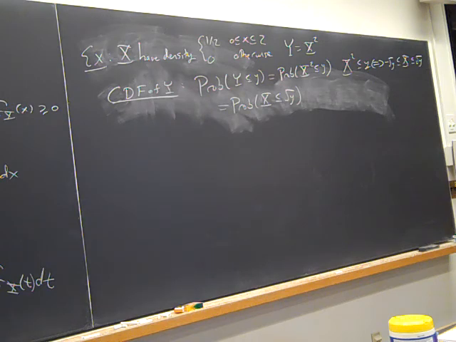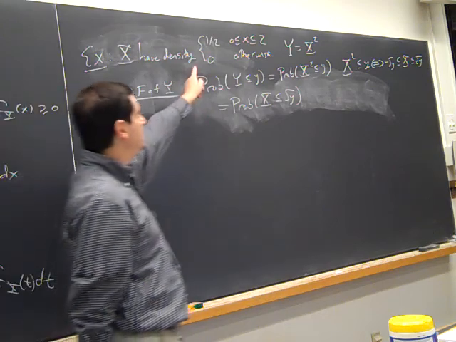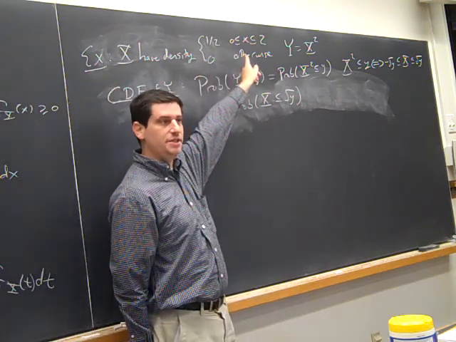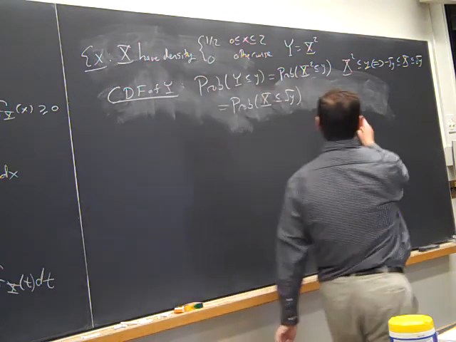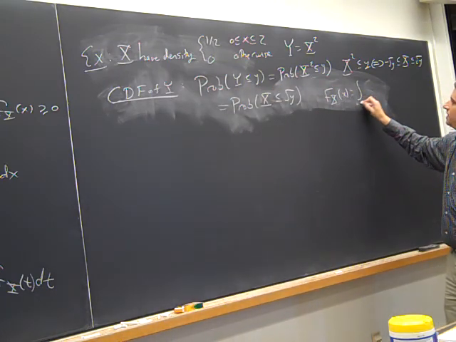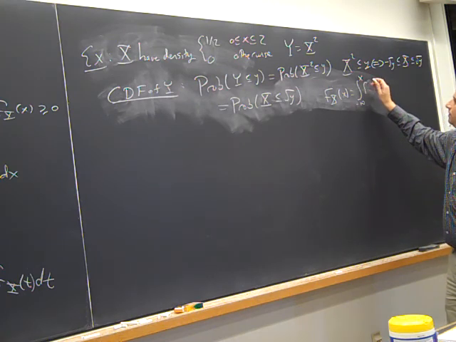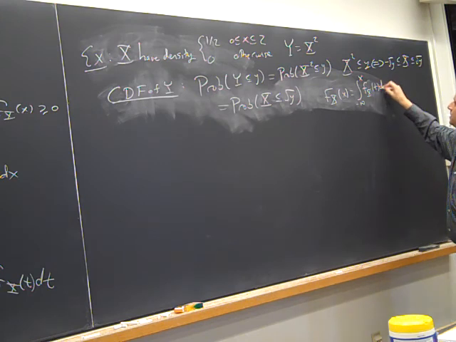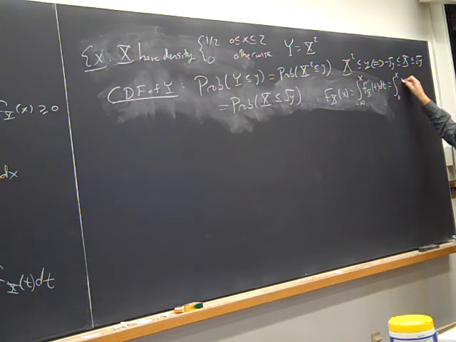Can we calculate the probability that x is less than or equal to square root of y? I have the PDF. Can I integrate and find the CDF? Sure. Big Fx of x is the integral from minus infinity to x of f of x of t dt, which will be the integral from 0 to x of 1/2 dt if 0 is less than or equal to x less than or equal to 2.